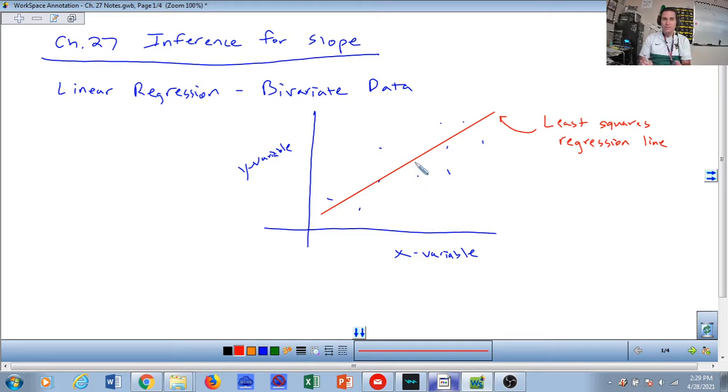Just like when you get a sample GPA, it might not be the real GPA of all Westland High School students because it's only from a sample of 20 Westland High School students. This is the same thing. This might be the real slope, but it probably isn't. So we understand that the slope will be in a range, and so that is our confidence interval. So we're going to start with that, and then we'll go to the test.